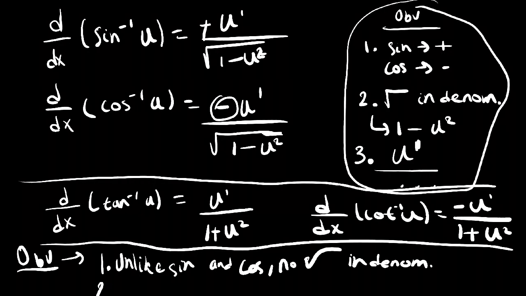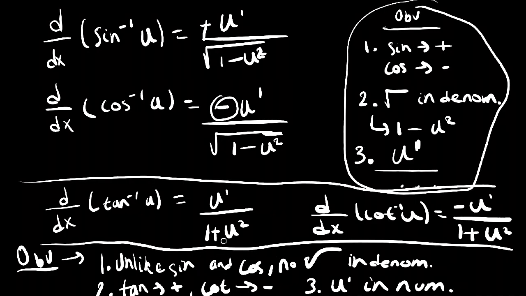And observation number 2 is that tangent is positive, but cotangent is negative. So just like sine is positive and cosine is negative, tangent is positive and cotangent is negative. So we must remember that. And then observation number 3 is that there's also u prime in the numerator.